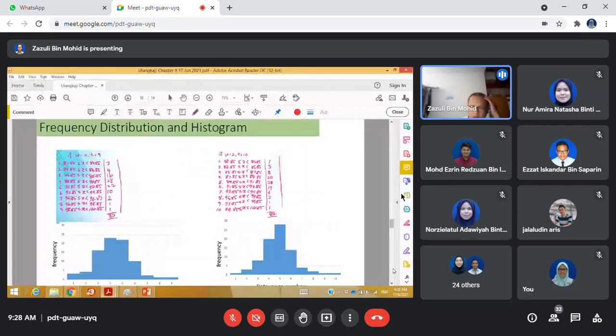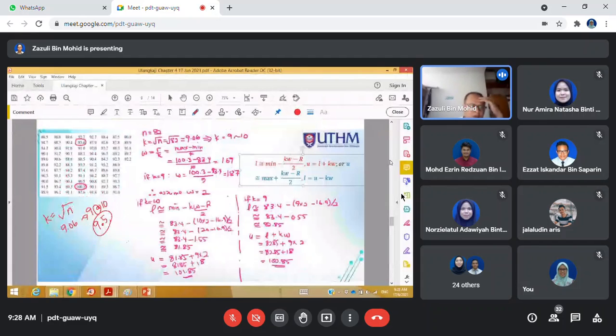But if the value here is maybe 9.6, then you can take it as 10 classes. Now we have two possibilities: 9 classes or 10 classes.